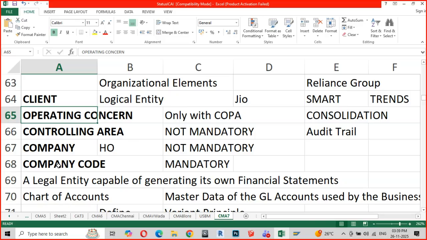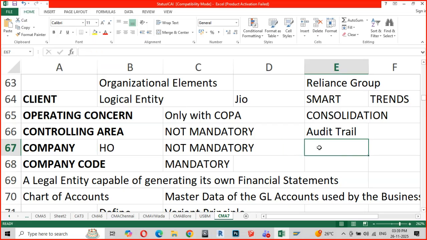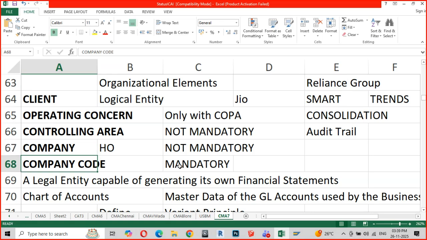So this is called your consolidation. Again, if there is no concept of consolidation at all, is there a requirement for company? No. In that case, only your company code is more than enough.